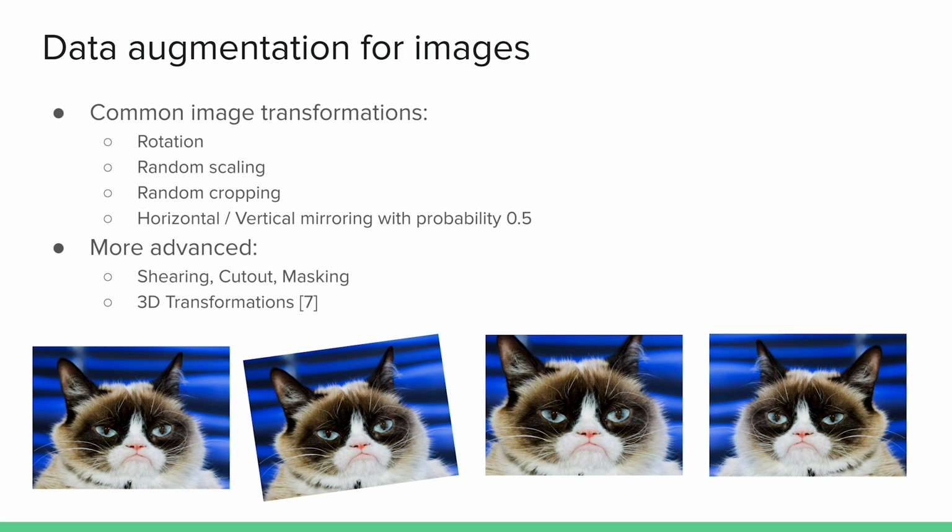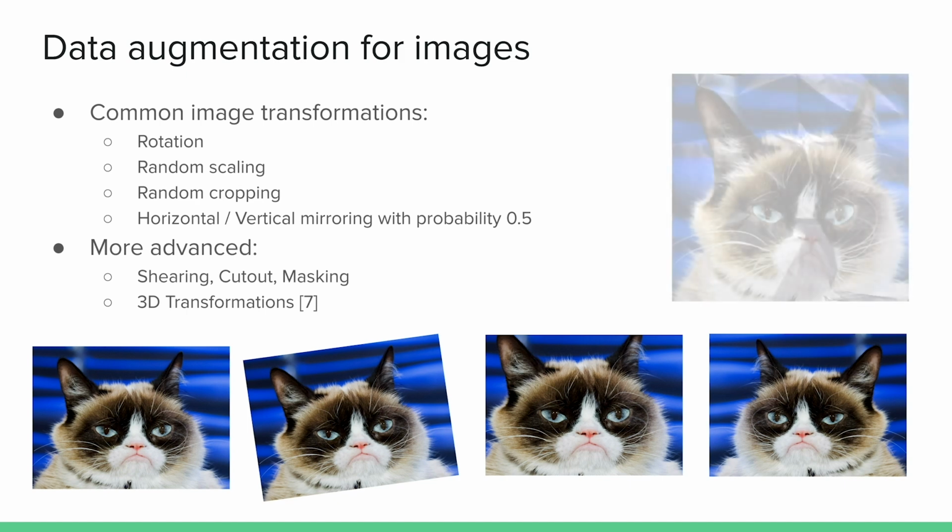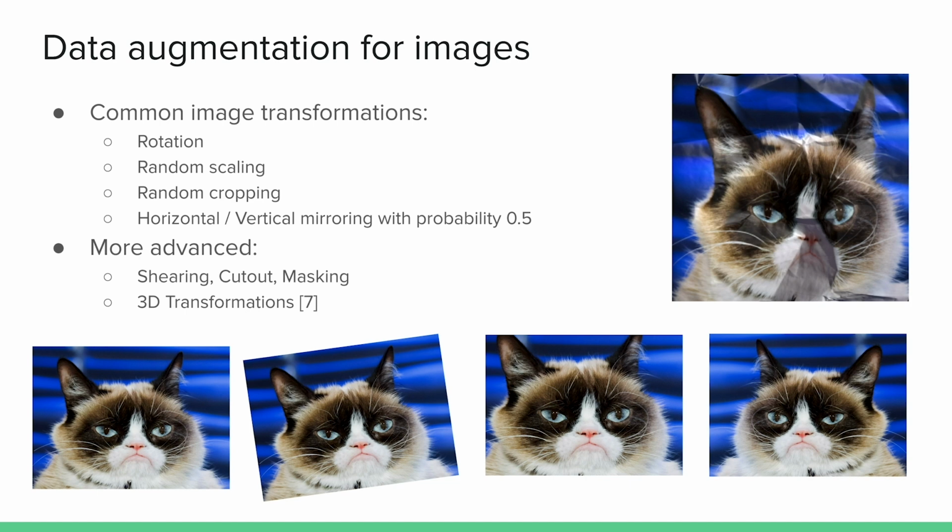You can even apply some of the more advanced augmentation techniques for images, which could be shearing, some kind of non-linear stuff, or some cutouts where you just drop certain parts of your input image, masking, similar idea, and even some really fancy three-dimensional transformations that make your image look as if you had a physical printout of that photo, you crumpled it together and then unfolded it again, which gives you something that looks like this. I think this is a fantastic idea.